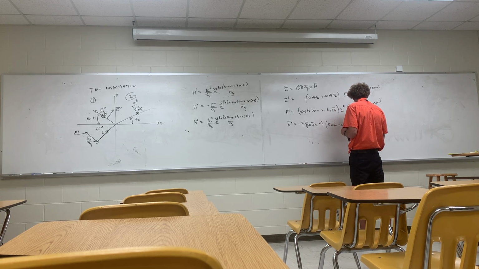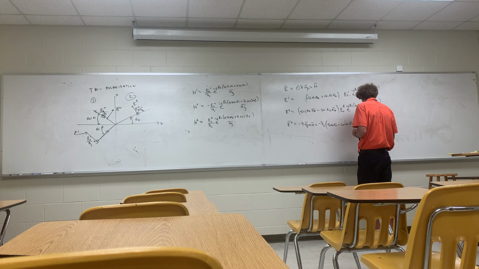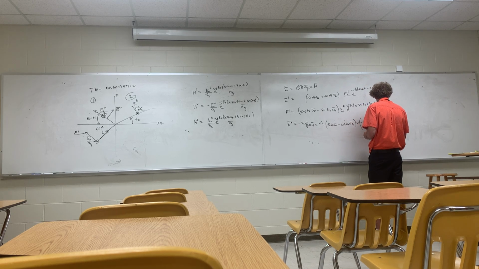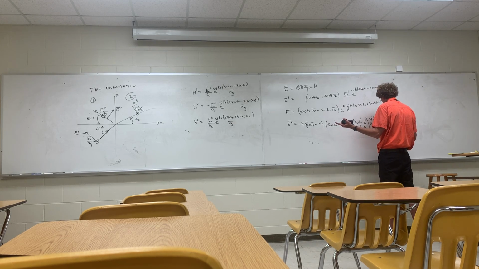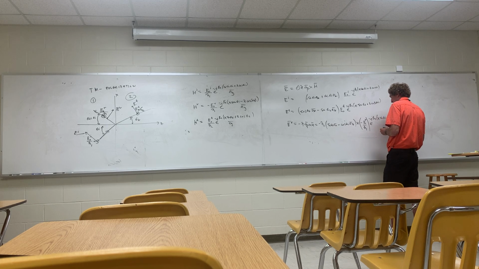The H field is minus E naught reflected over eta 1 times e to the minus j beta 1 x times the sine of theta incident, because the angle of reflection is equal to angle of incidence, and it's going to be minus z times cosine of theta incident, and this is in the AY direction.